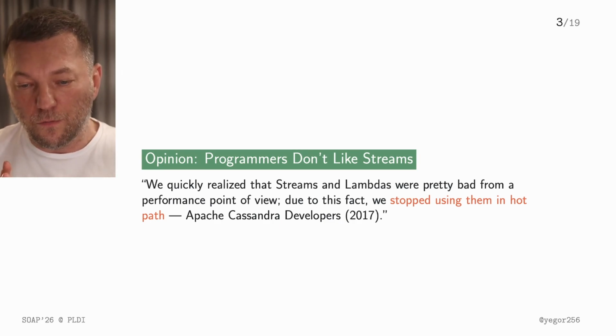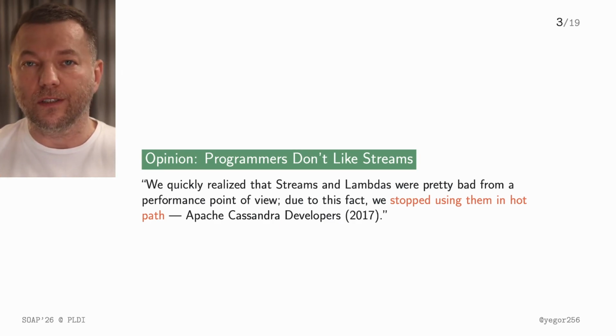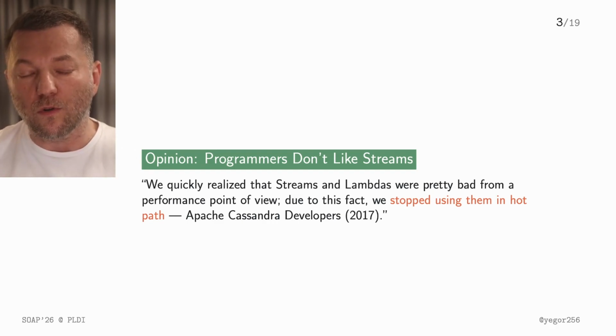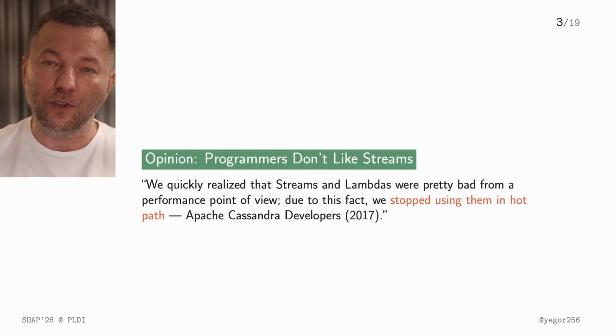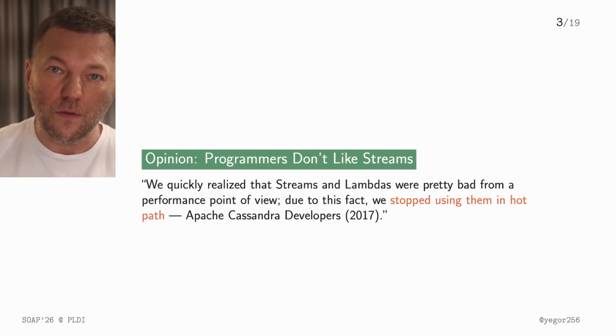Developers of open source products and large frameworks were concerned about performance, and some of them even openly declared their unwillingness to use Stream API because of performance problems.